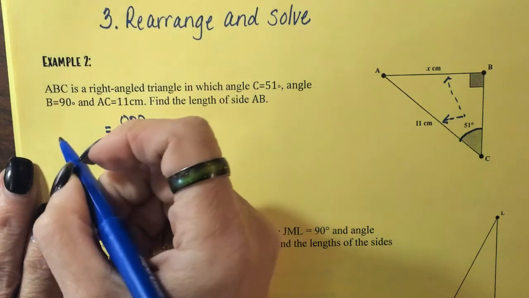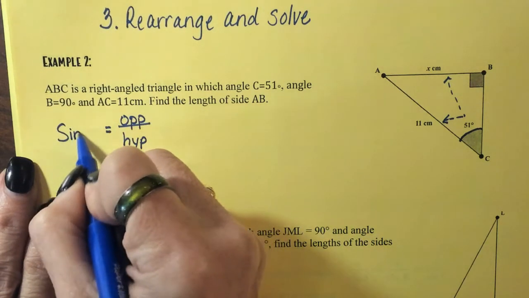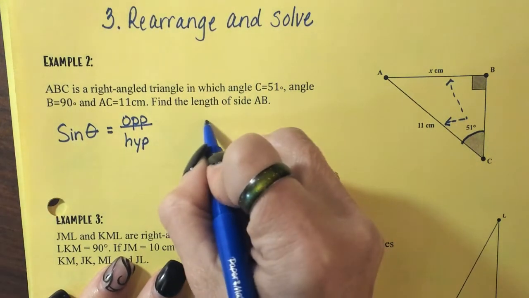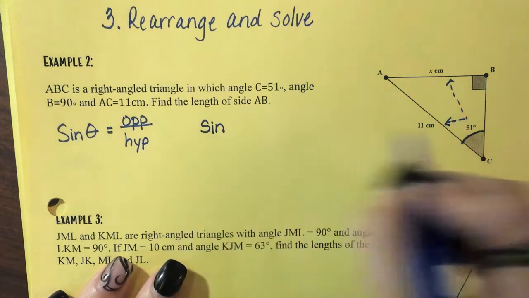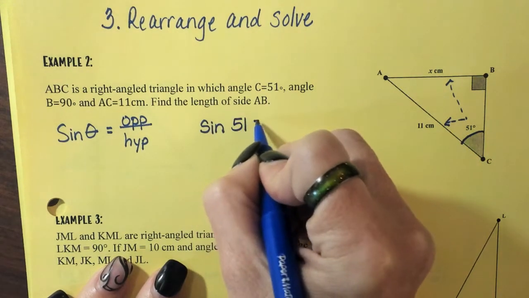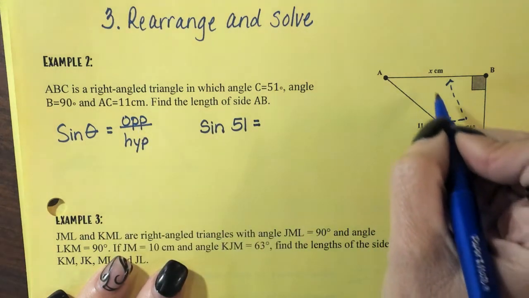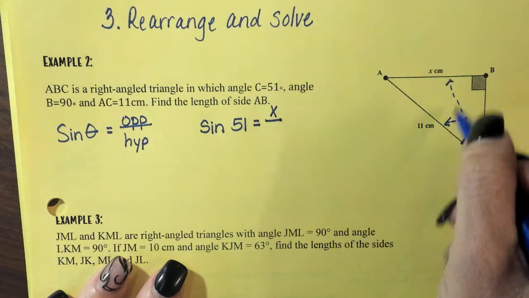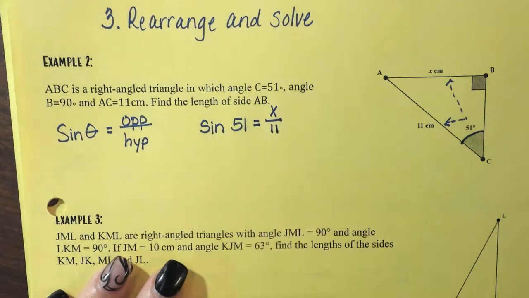Well, that would be sine. Sine theta is opposite over hypotenuse. Okay, so here's what I know. I know that the sine of 51 degrees equals the opposite, which in this particular instance is x, over hypotenuse, which is 11.